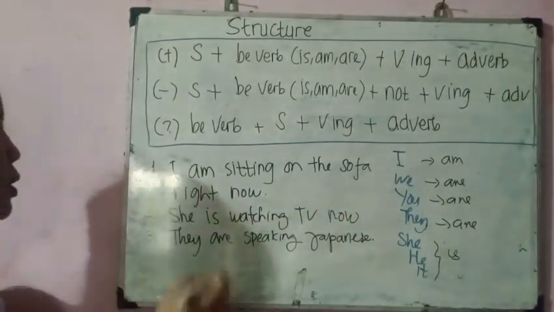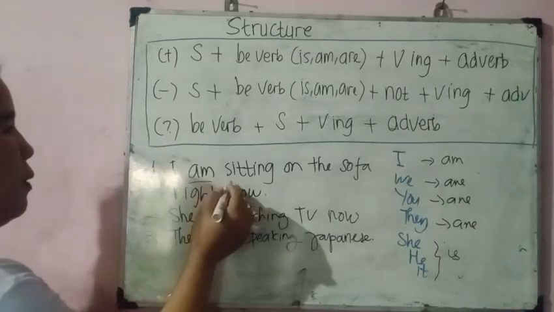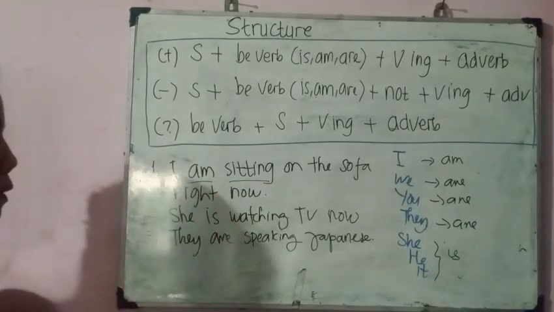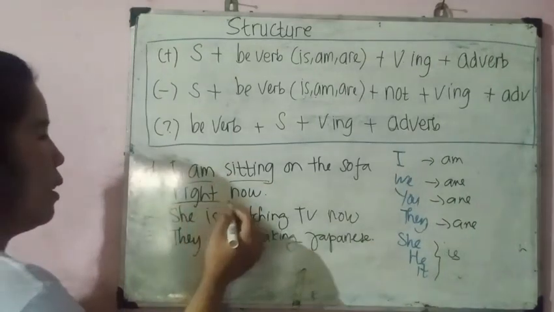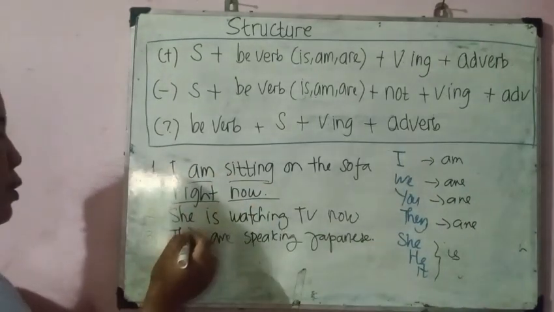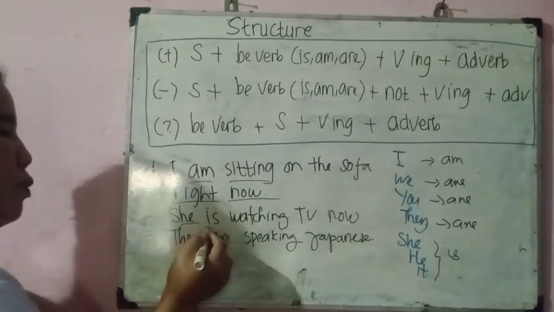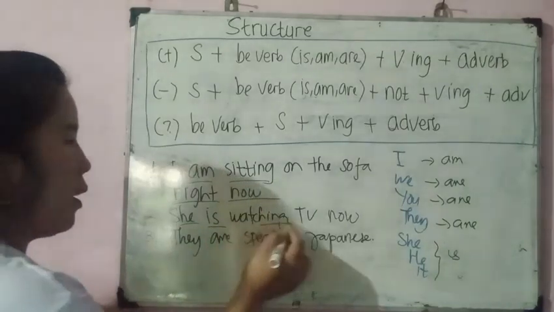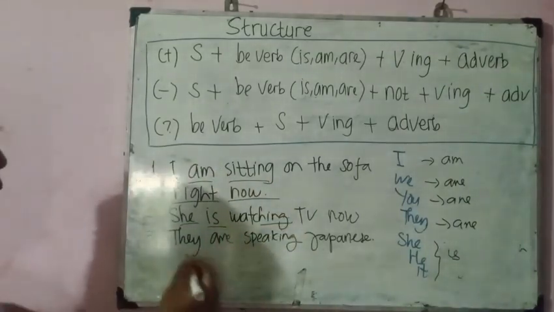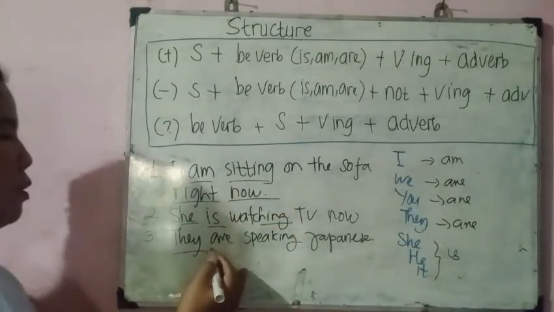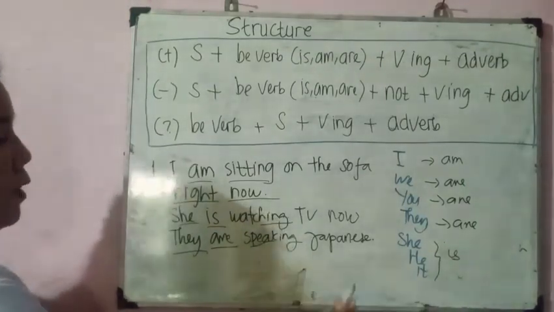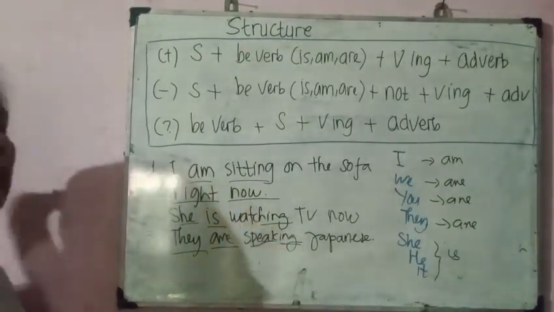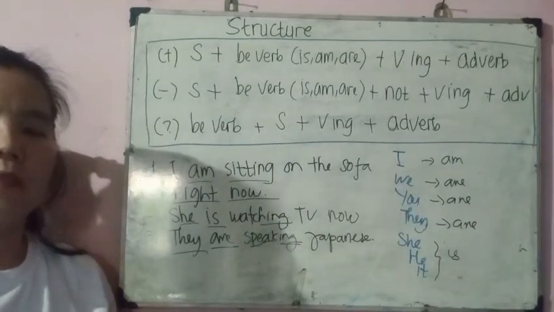Okay, so we use subject plus to be verb plus verb-ing and an adverb of time for the present progressive tense, such as right now. Next, with she we use the to be verb is, and with they we use are, and we add ing at the end of the verb.